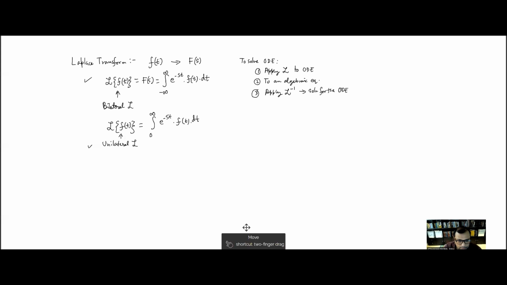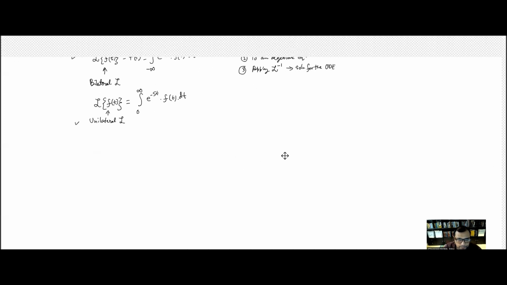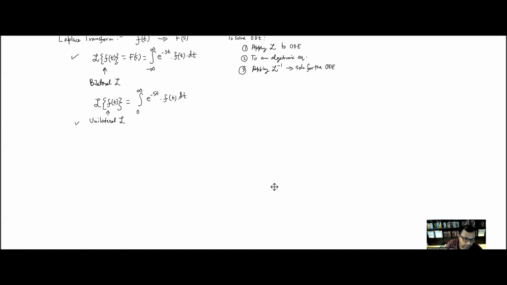Okay. Now let's try to figure out maybe Laplace transforms for some of the common functions. Now what I will do is I will create a table. Let's say this will be the function of time, and then what would be the corresponding Laplace transform of f of t. Okay.